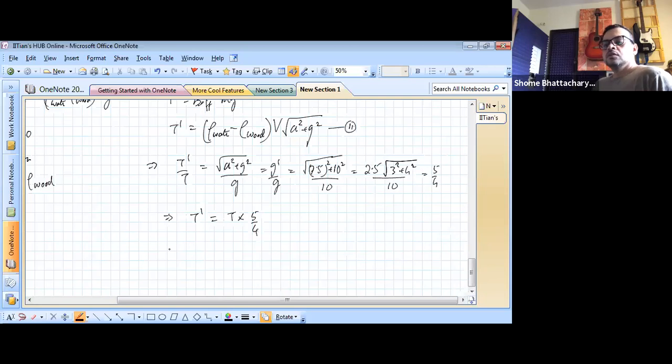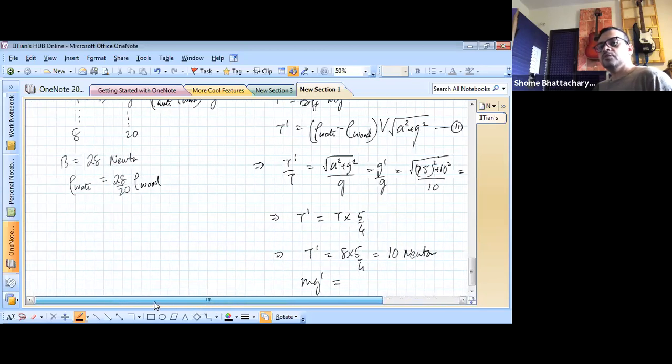Okay. So the new tension will become 8 into 5 by 4. So it will become 10 newtons. Because the effective weight would have changed from 20 newtons to 5 by 4 times 20 newtons. It would have changed to 25 newtons.